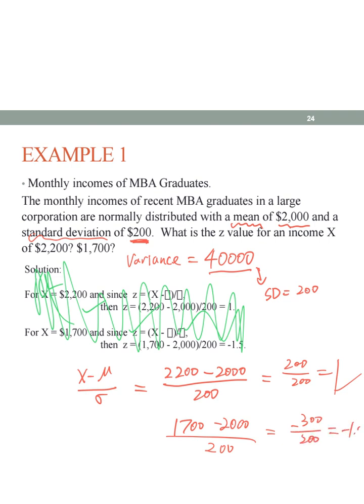So that is negative 1.5. So this is the z-value corresponding to 1700. So we can say the original value is 2000, it becomes 0. The original value is 1700, it becomes negative 1.5. So we can transform our data into a much smaller range.